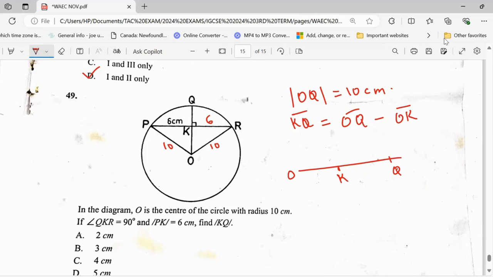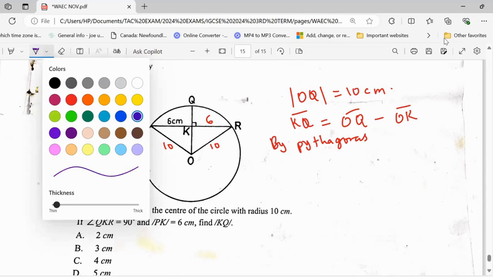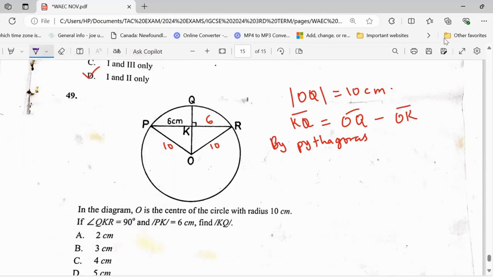Now, we are going to use Pythagoras here to get OK. So let's rub off this and apply Pythagoras. By Pythagoras, in a right angle triangle, the square on the hypotenuse is equal to the sum of the squares on the other two sides. 10 squared is equal to OK squared plus 6 squared.